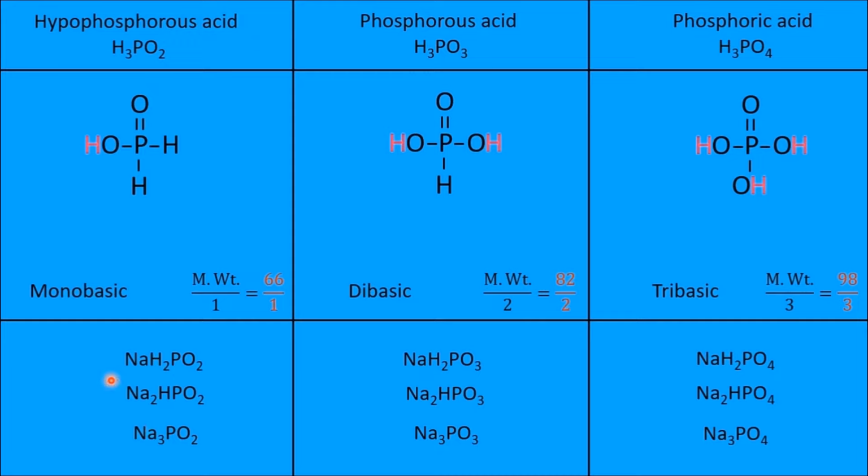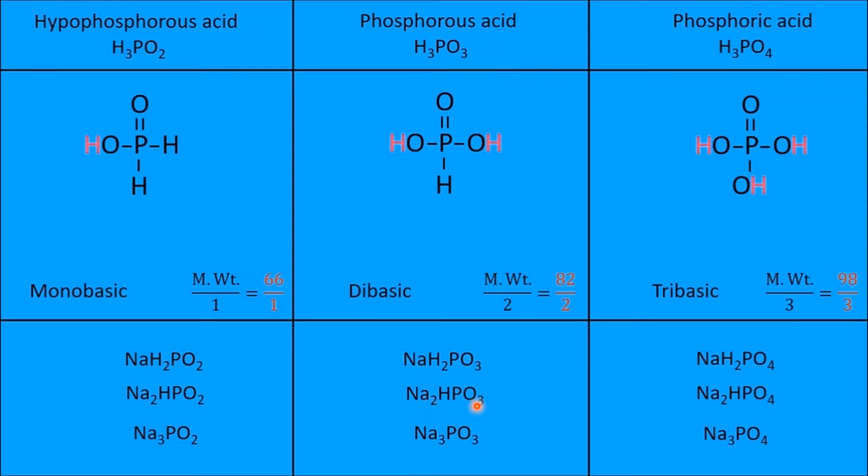In the second case, 2 hydrogens are removable, so the capacity is 2. What is the capacity of phosphorus acid? 2 hydrogens are removable. If only 1 hydrogen is removed, what is the salt form? NaH2PO3. Suppose 2 are removed, what happens? This is the salt form.